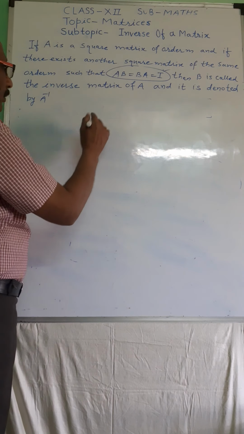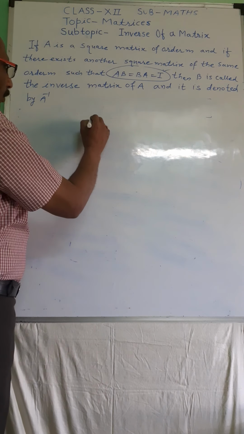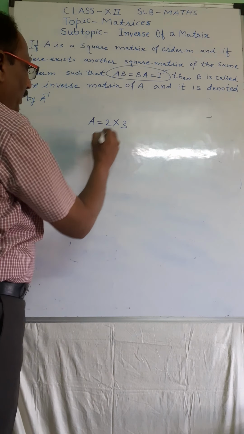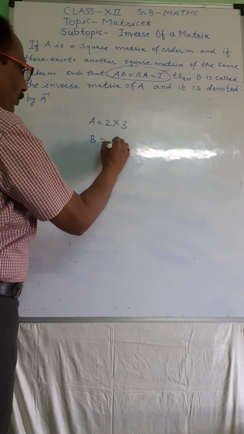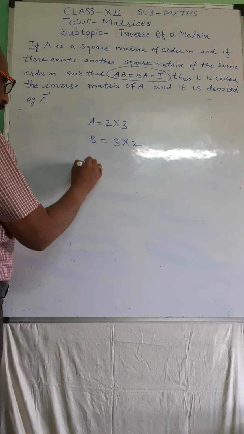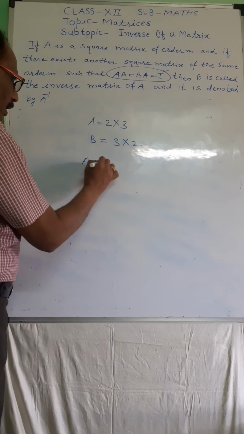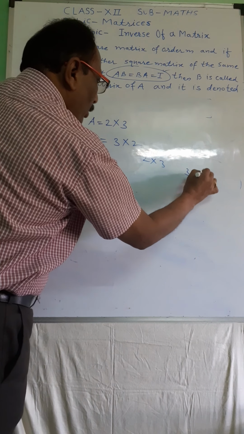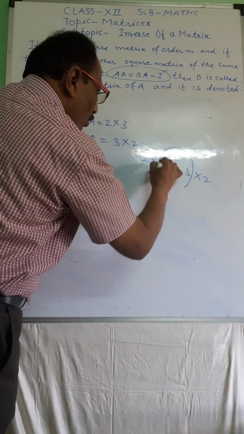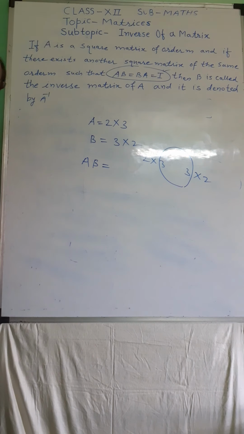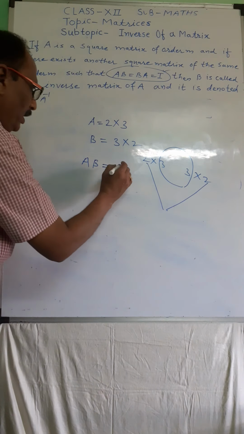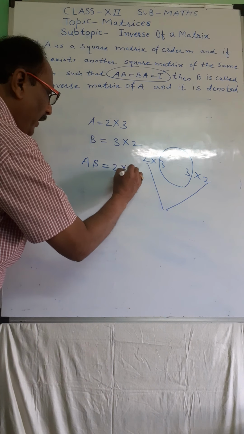Let me take a rectangular matrix: suppose A is a matrix of order 2 by 3, and the second one, matrix B, is of order, suppose, 3 by 2. Then the product of A and B will be 2 by 3 and 3 by 2, meaning this column and row will merge. Then the product AB will be a 2 by 2 matrix.